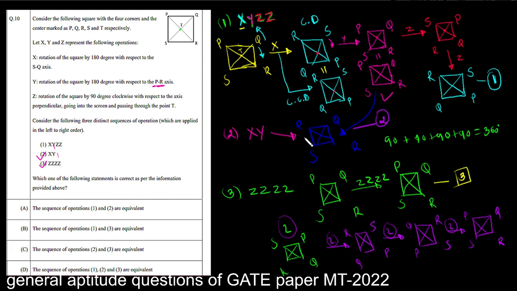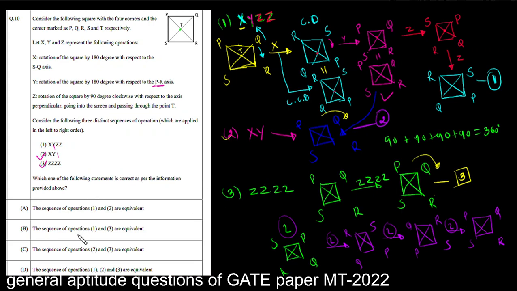You can see the result of the second sequence is exactly identical to the third one, because here we have P, Q, R, S in that direction, and you can also see the same notation for this figure, P, Q, R, S. But look at the outcome of the first sequence, which is R, S, P, and Q. It does not match either of 2 and 3. So we can say the sequences 2 and 3 are equivalent.